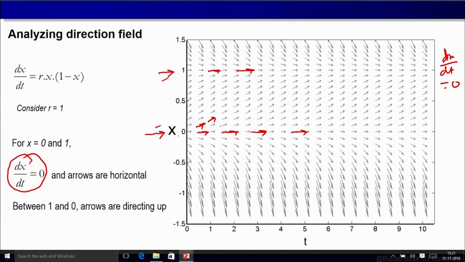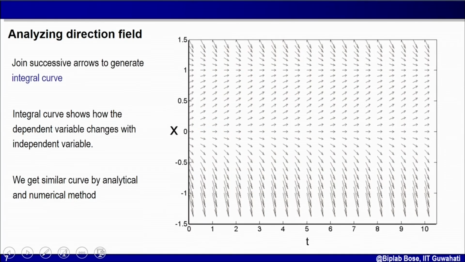Let us see. Let us take a point, for example, at time 0, let us take a point 0.2 here. So, that is 0.2 for x at t equal to 0. The interval between these two grid points is 0.5.